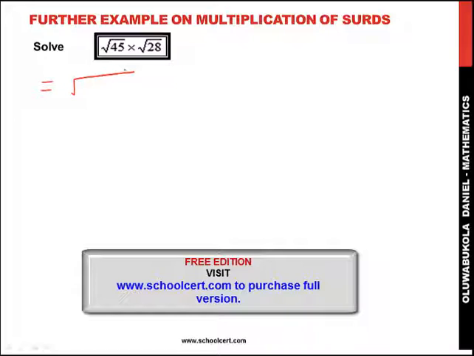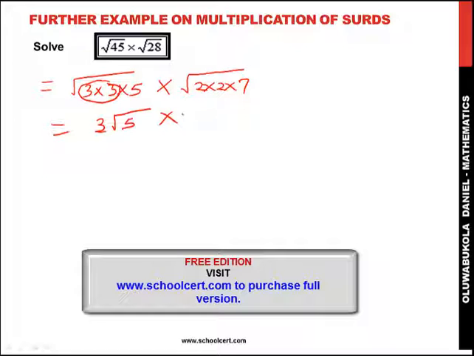So we have root of 3 times 3 times 5, and then root of 2 times 2 times 7. So this gives us 3 root 5, knowing fully well that this is 9 and the square root of 9 is 3. Then times 2 root of 7.